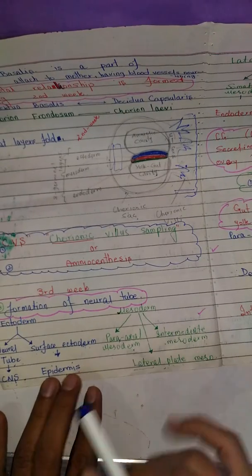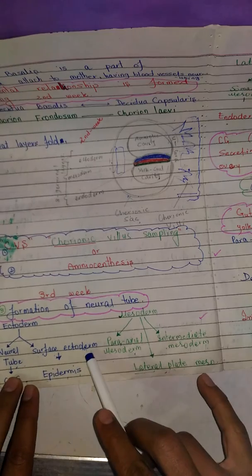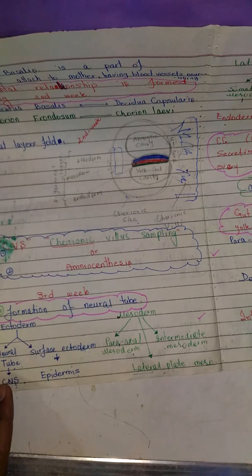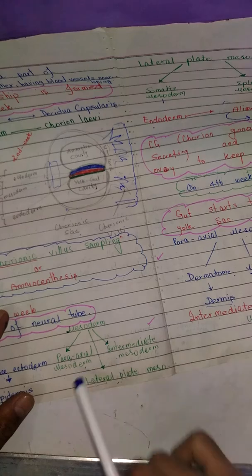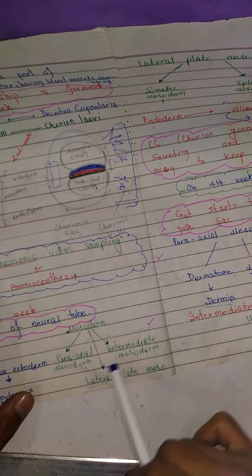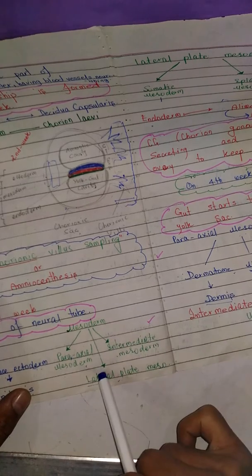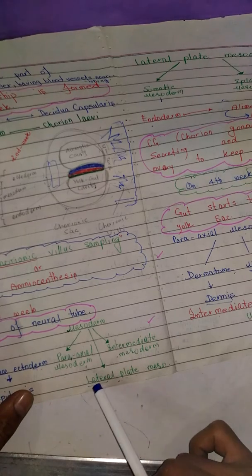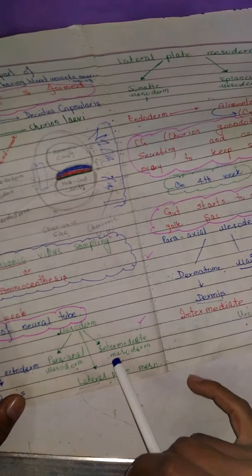So what structures are made? From ectoderm, neural tube is made and surface ectoderm is made. Central nervous system and epidermis will be made, but later on in the embryological development, not in third week. Mesoderm will be further divided into three different sections: paraxial in the center, lateral on the periphery, and intermediate in between.